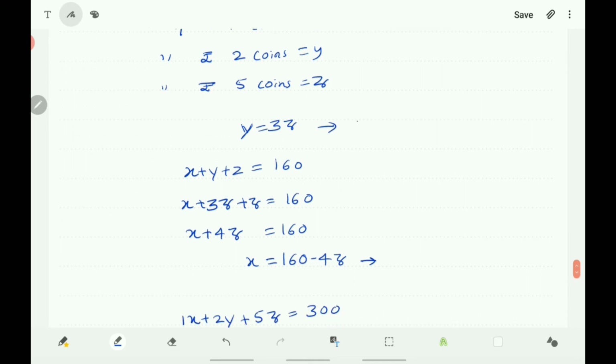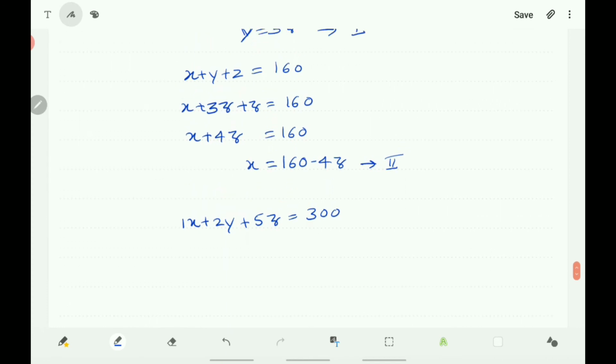So you consider this is first, this is second, and from the second you can write x means here 160 minus 4z, and 2y, y means 3z, and plus 5z is equals to 300.